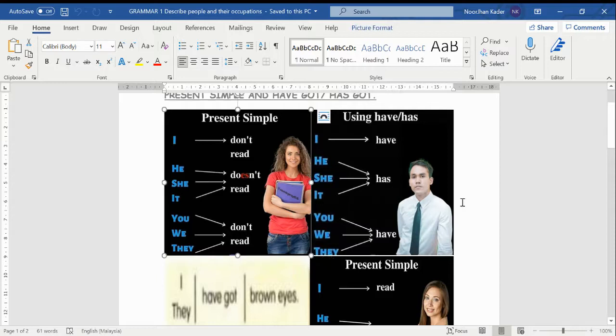Here I purposely put the pronouns so that it will be easier for you to see. He is for a boy or a man. She is used for a girl or a lady. It is for things or animals, and I is for yourself when you address yourself.